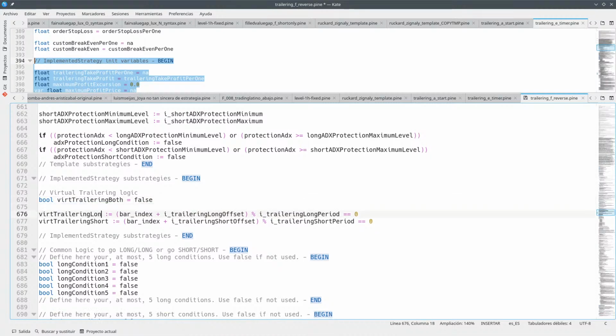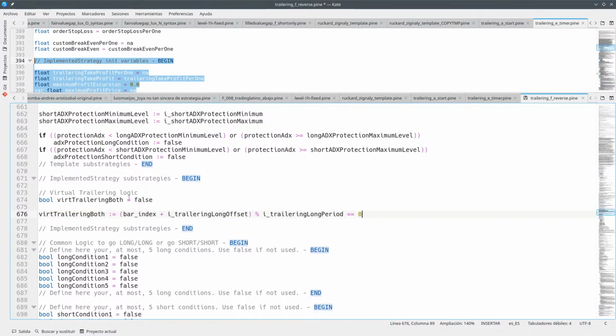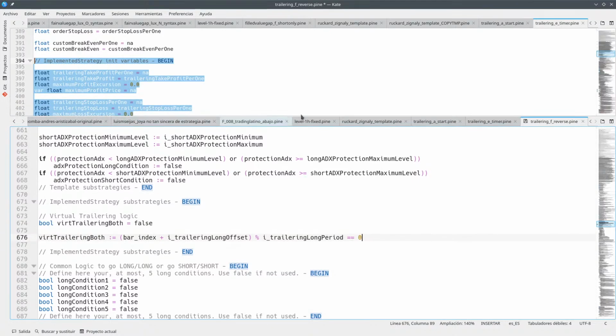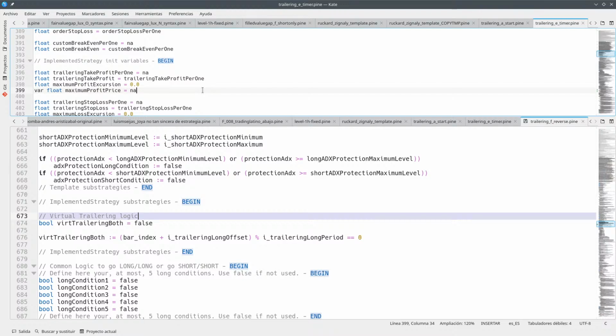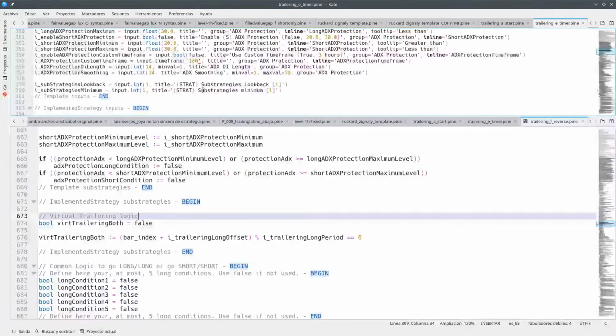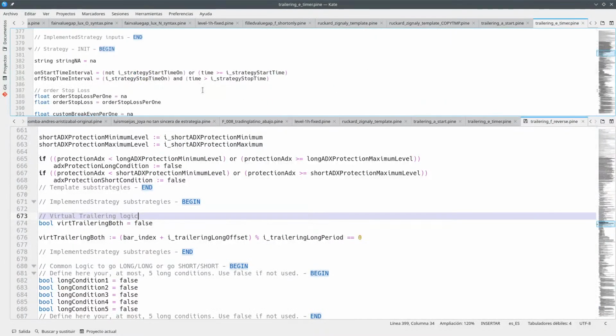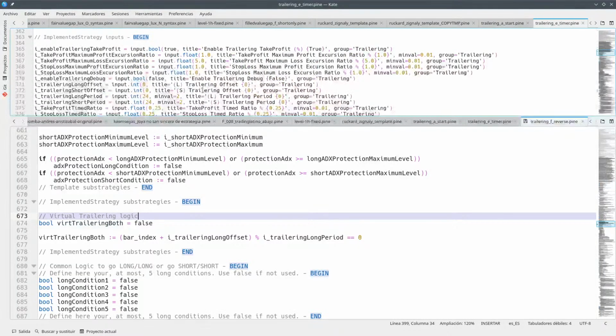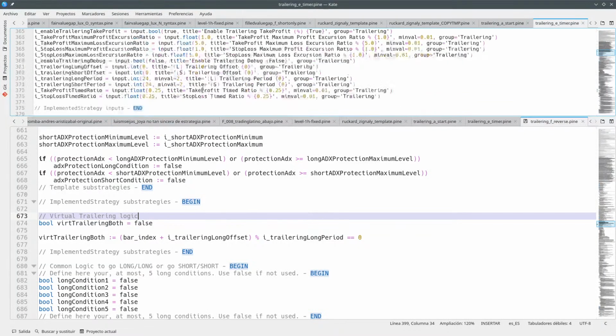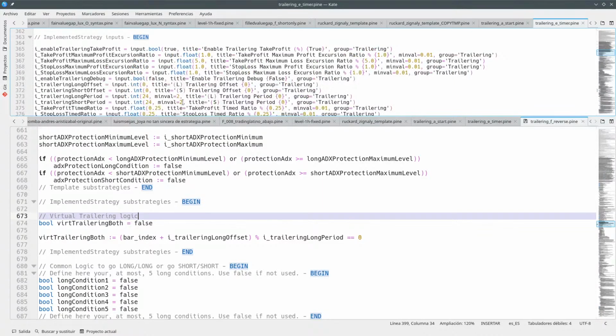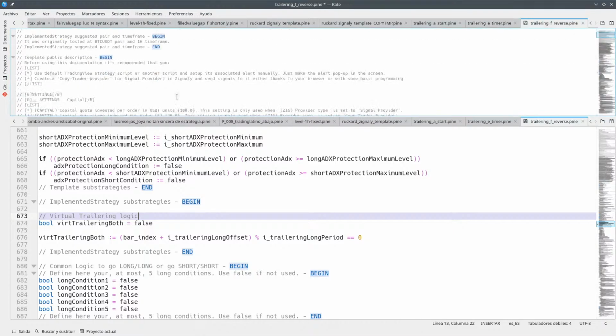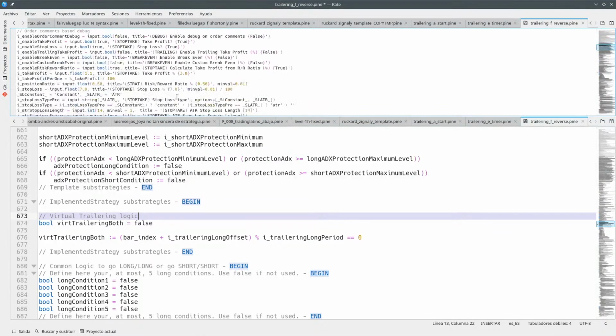And the answer is it depends on the offset. So let's mark this like that, and let's search the inputs here in the same strategy.